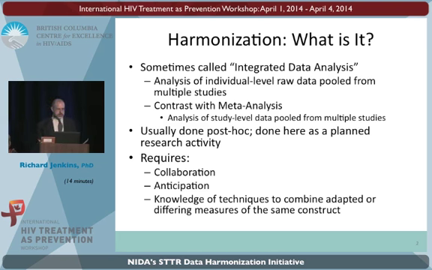Another term for this is integrated data analysis, and in its simplest case, what people are doing is analyzing individual level raw data pooled from multiple studies. You can think of this as a contrast with meta-analysis, where you have the analysis of study level data, usually summary measures like odds ratios or means and standard deviations pooled from multiple studies.